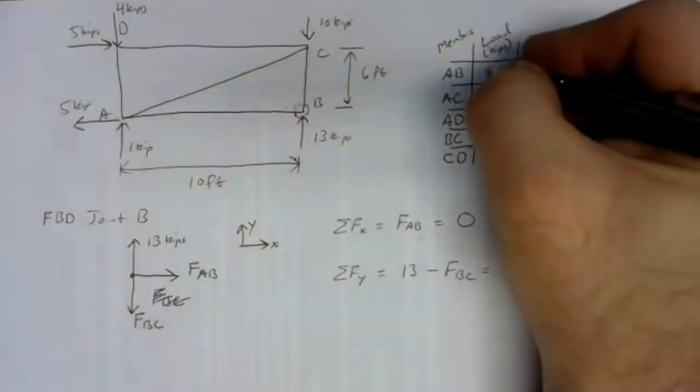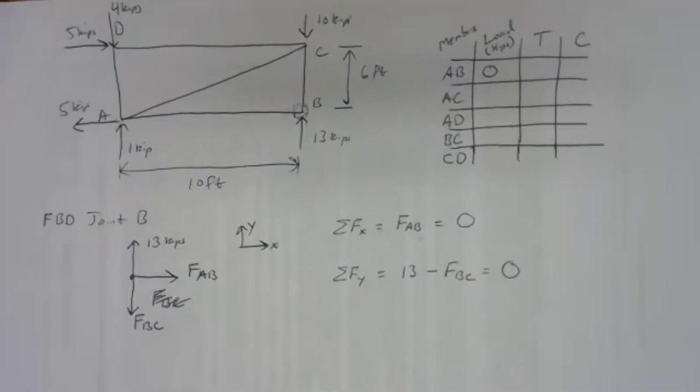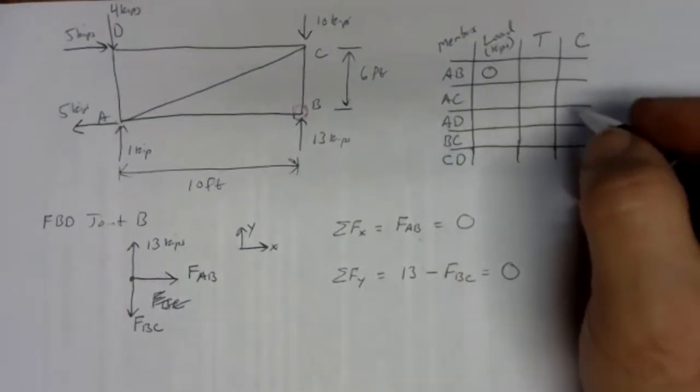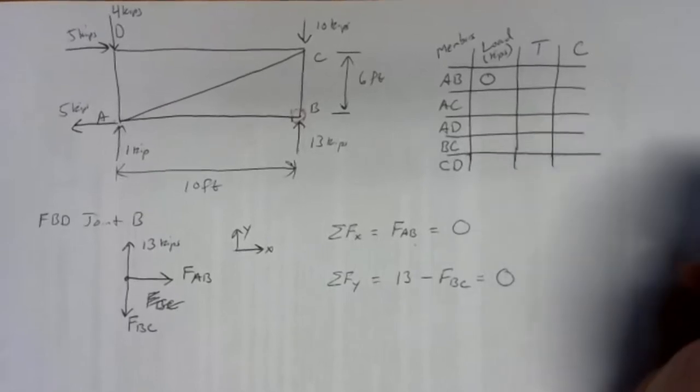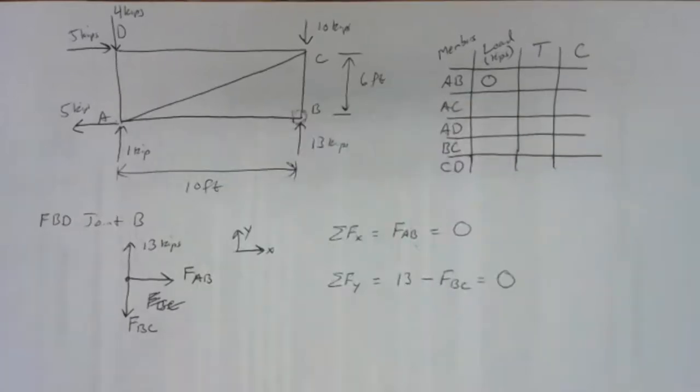So we can go up to our table and write the load is 0 kips for member AB. Now, that doesn't necessarily mean that it's going to be unloaded in all situations. It's the first thing you might think if you're trying to be an efficient engineer and say, well, I can build this with less material now because that member doesn't carry any force.